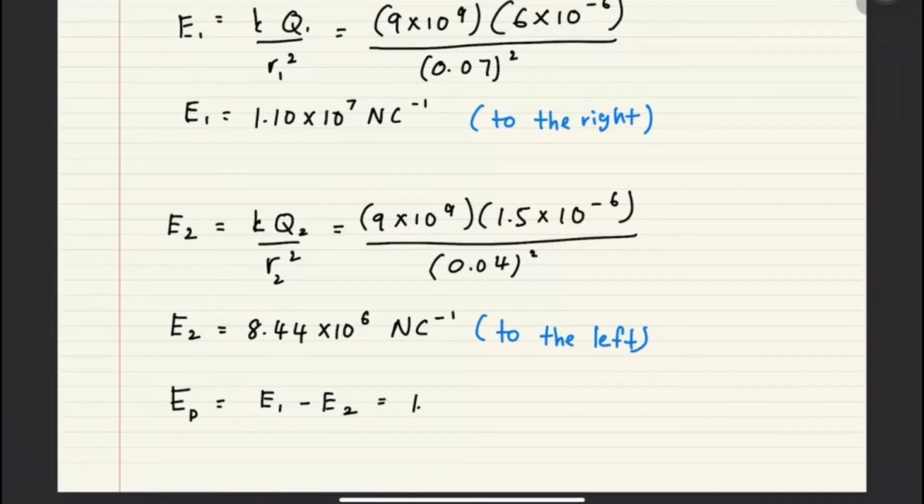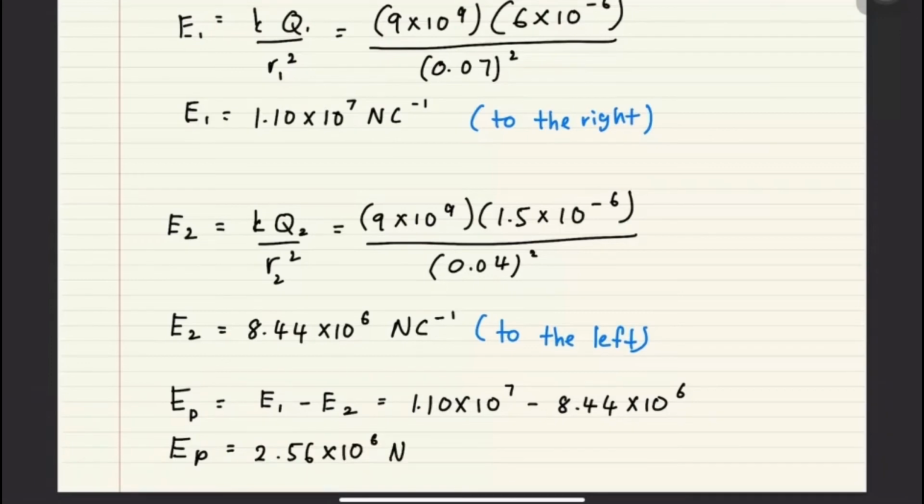So we're going to calculate that one. 1.10 times 10 to the power of 7 minus 8.44 times 10 to the power of 6. So my E net dekat point P tu, dia is apa ni? 2.56 times 10 to the power of 6 Newton per coulomb.